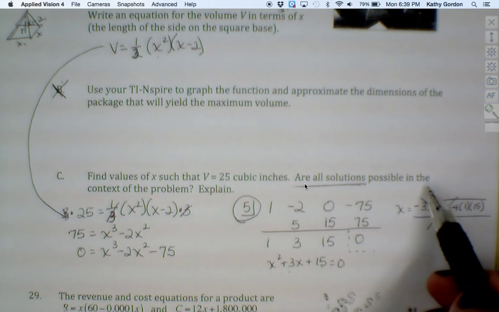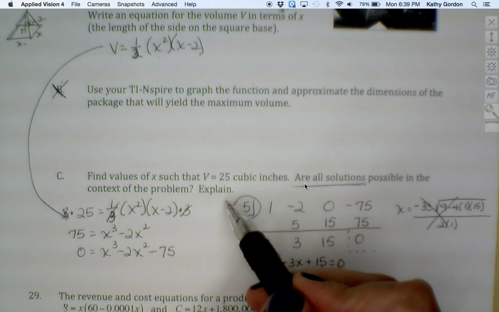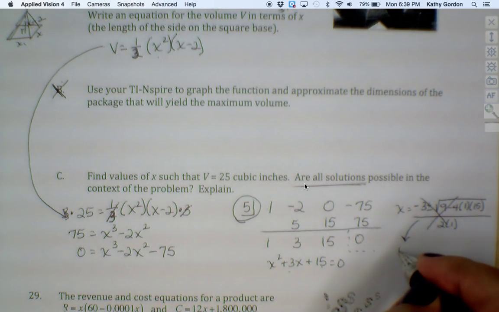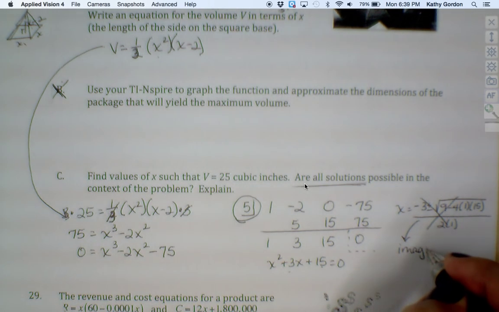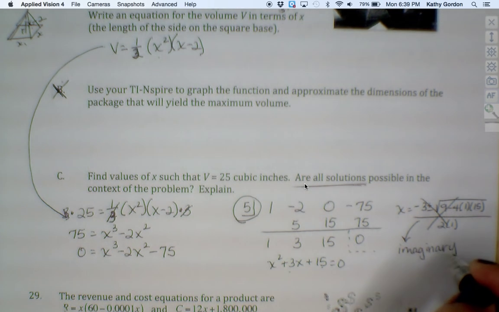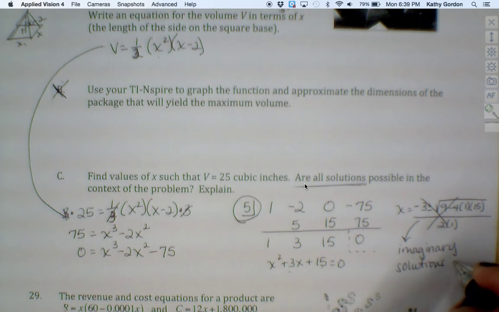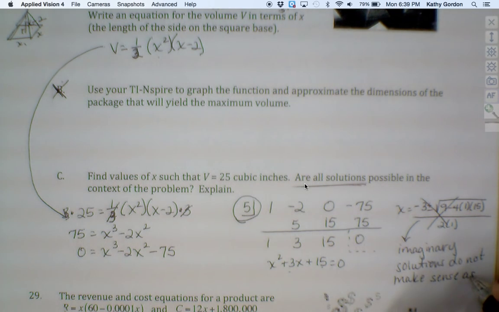And to answer the part about are all solutions possible in the context of the problem, explain, the explanation is these give you imaginary solutions, and that does not make sense as sides of a square.